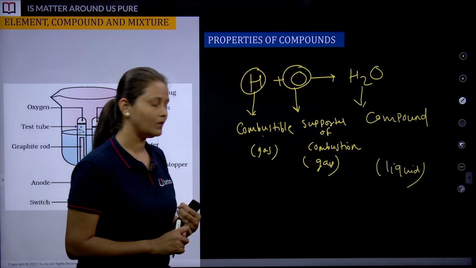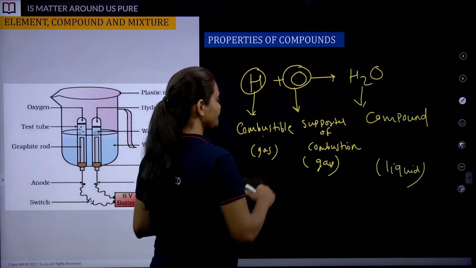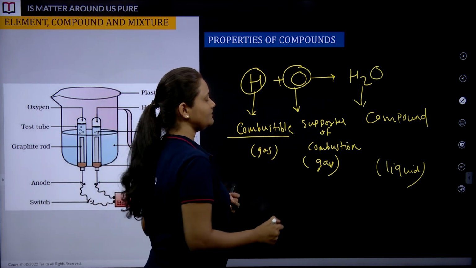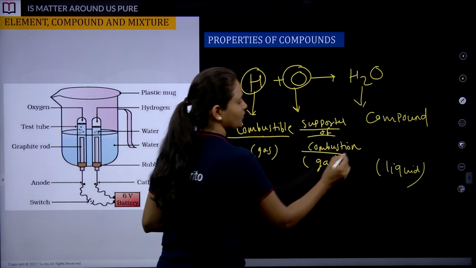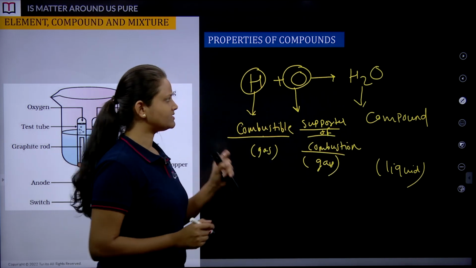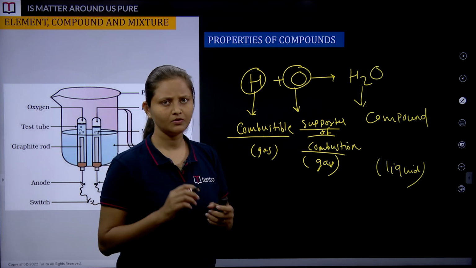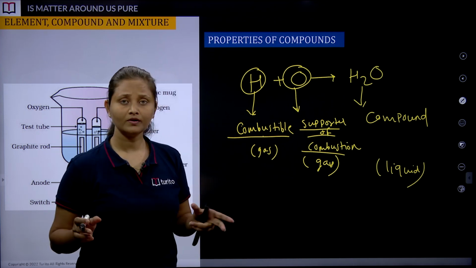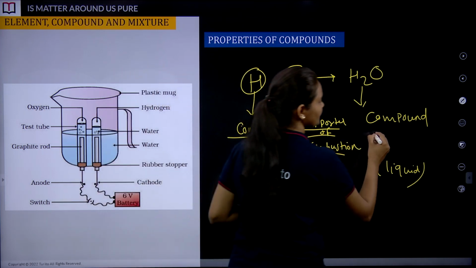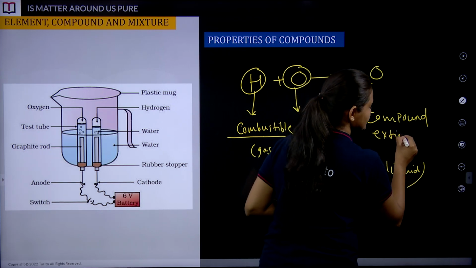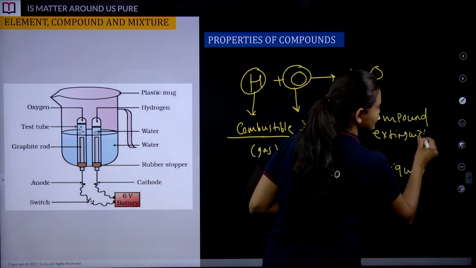That is point number 1. Second, hydrogen is combustible, oxygen is a good supporter of combustion, but do we observe that water is either combustible or supports combustion? No, right? In fact, it extinguishes the fire.